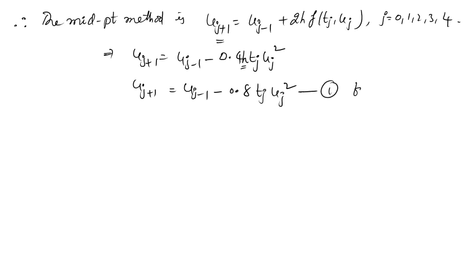This is equation 2, for j equal to 0, 1, 2, 3 and 4.